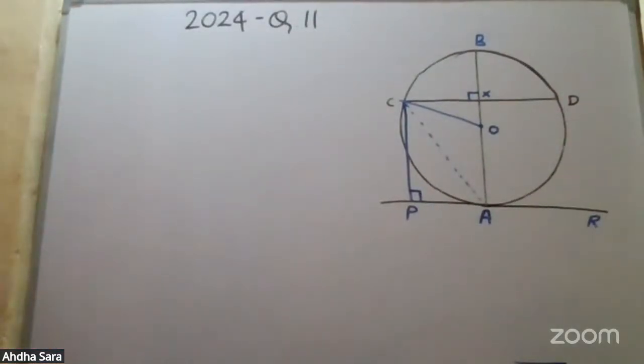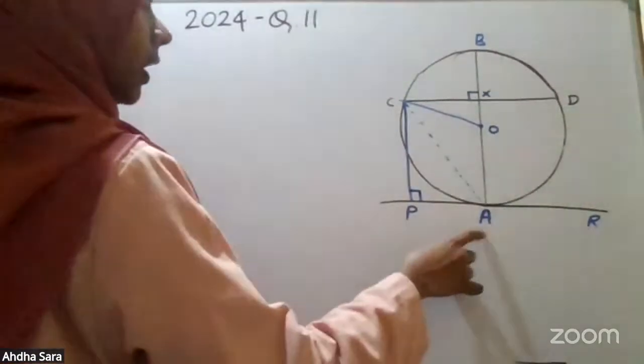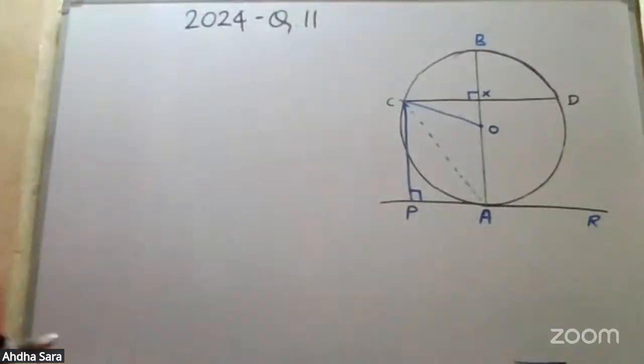So in the first question, we have two parts. First, you have to show that PAXC is a cyclic quadrilateral.